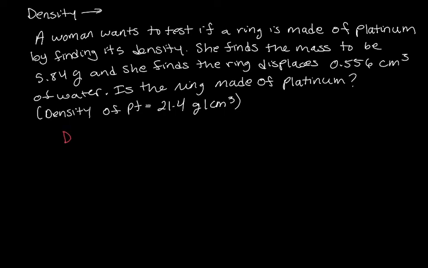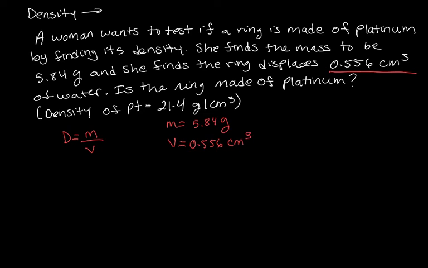So we learned that density is a measure of a given mass per unit volume for a certain substance. So here we have that the mass is 5.84 grams, and we have the volume of 0.556 cubic centimeters.